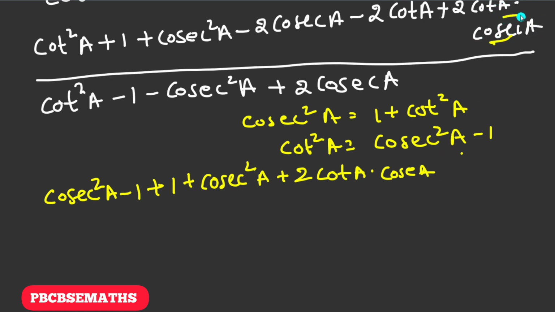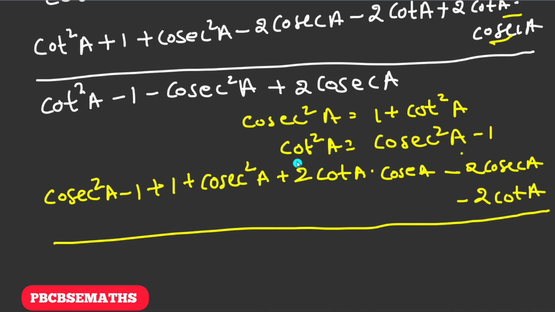Then let's write these two remaining terms as they are, which is minus 2 cosec A minus 2 cot A, whole divided by, again here we have cot square A.